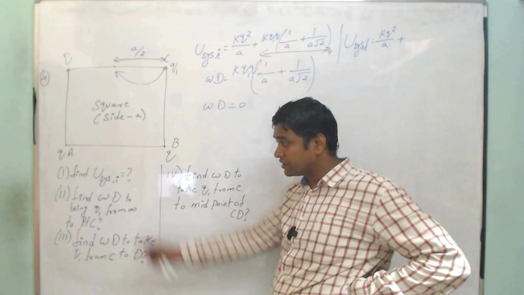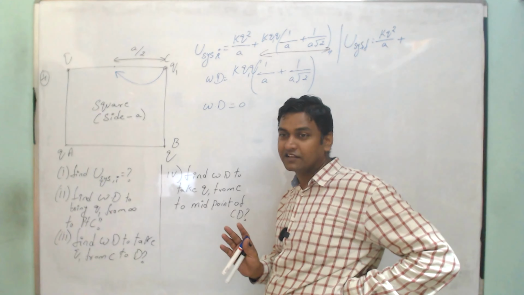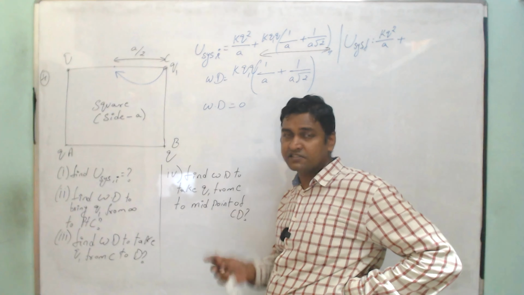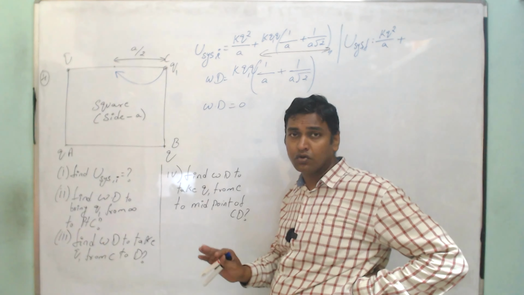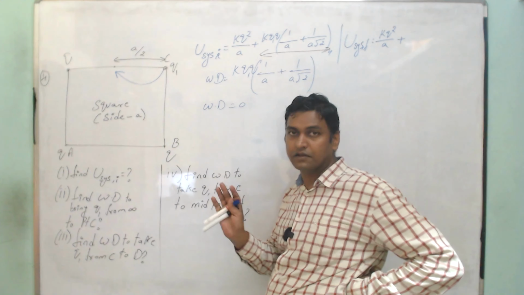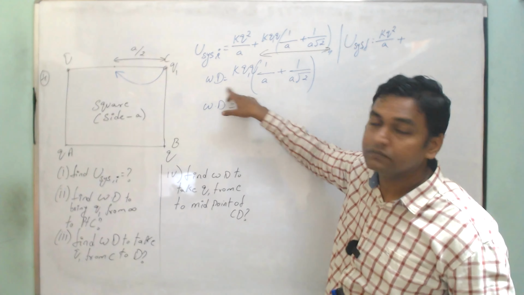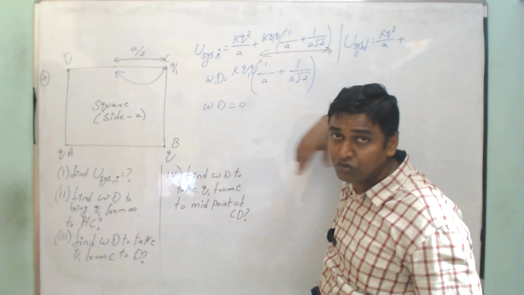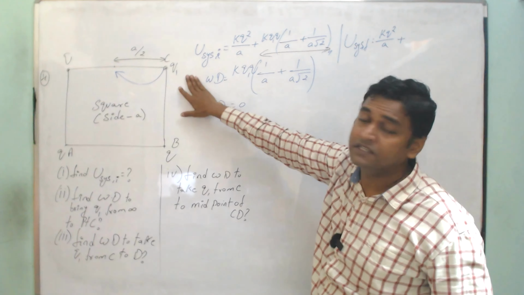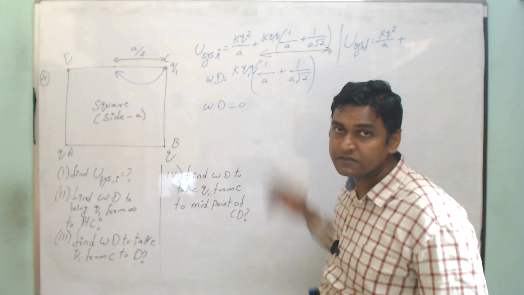That's why question number 2 is different. Question number 4 is different. Infinity is 0. At point C is so and so. We got the answer. Yes, sir. At infinity, the potential energy is 0. At point C, the potential energy due to Q1 in this system is this.